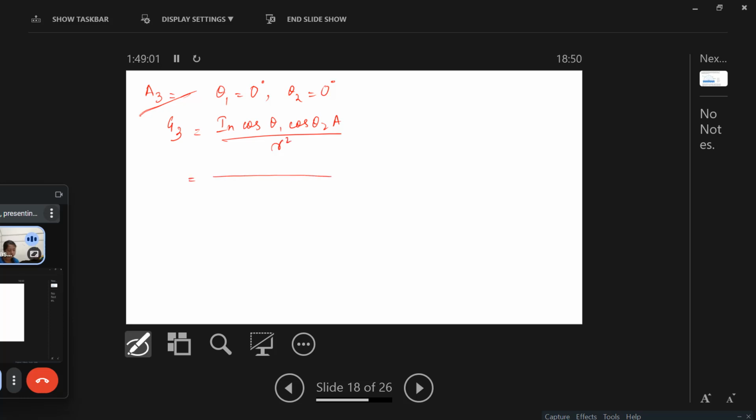So this is 7000 cos 0 cos 0, area is into 10 to the power minus 3, divided by 0.5 square. So cos 0 is 1, cos 0 is 1. So 7 divided by 0.5 square. It's coming to around 28.